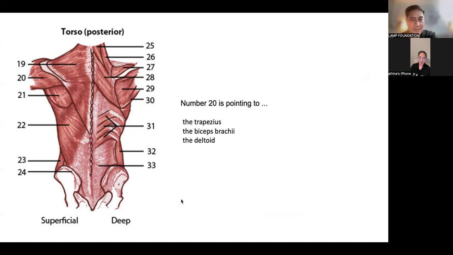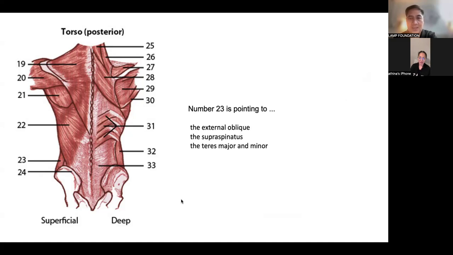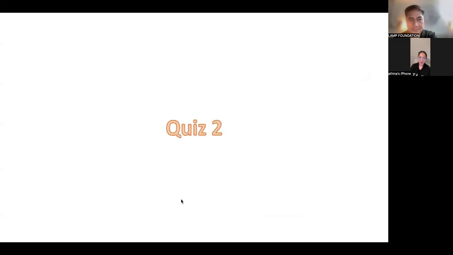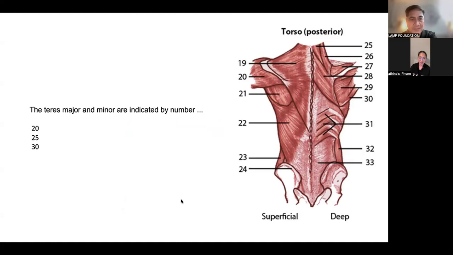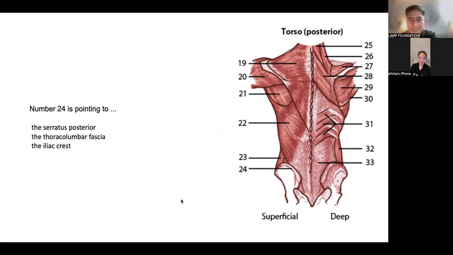Number 20, that's the deltoid. Number 23, the external oblique. Number 22, that's the latissimus dorsi. Teres major and minor, that's number 30. Rhomboid major and minor, that's number 28.